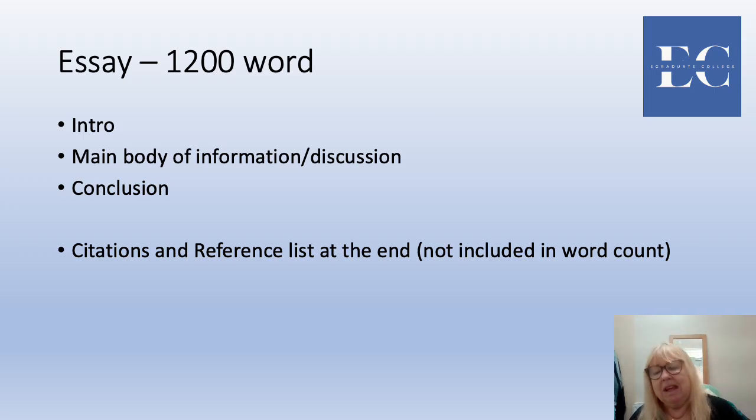The main body is all the information and research that you've done. The conclusion is your summary of what you've come out with. It might have some views that you've written, where you've felt that maybe one approach is easier to use than another. You can put that in. Bear in mind that you're going to have to back it up with some research.